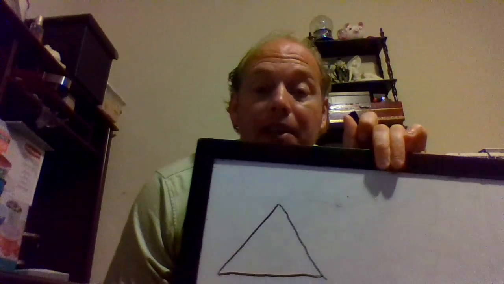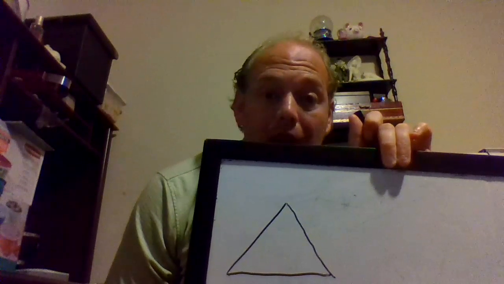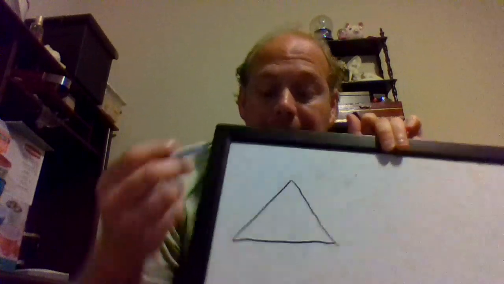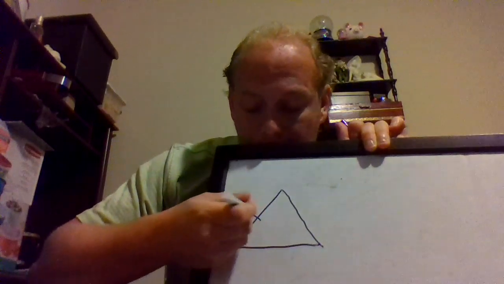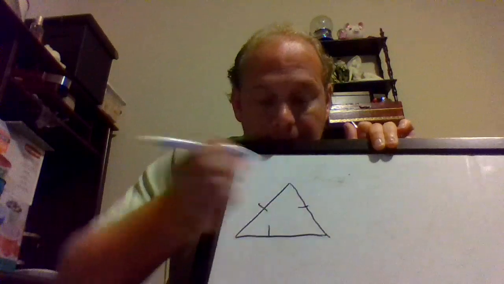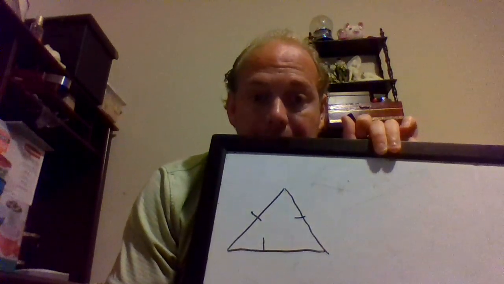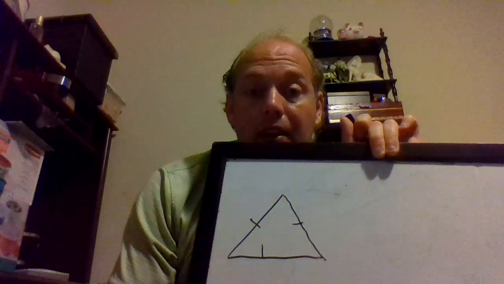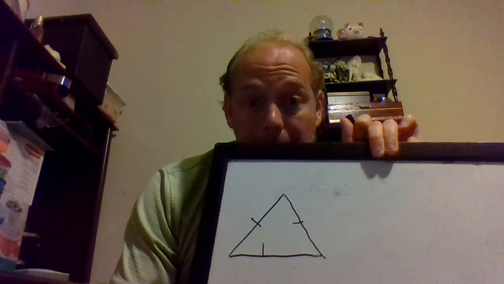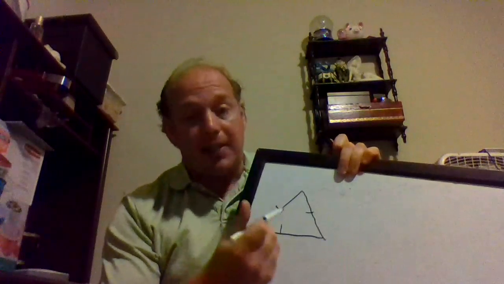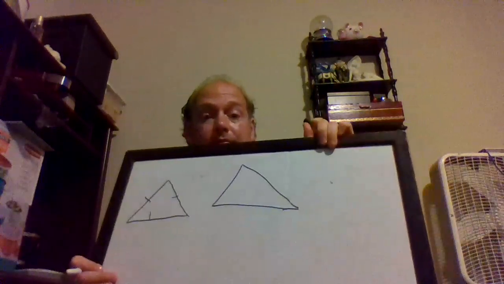So, what makes a triangle a triangle? Well, first of all, how many sides does it have? 1, 2, 3. 3 sides. So, any three-sided shape, no matter what it looks like, is a triangle. So, we can have a basic triangle that looks like this. We can have a triangle that looks like this.